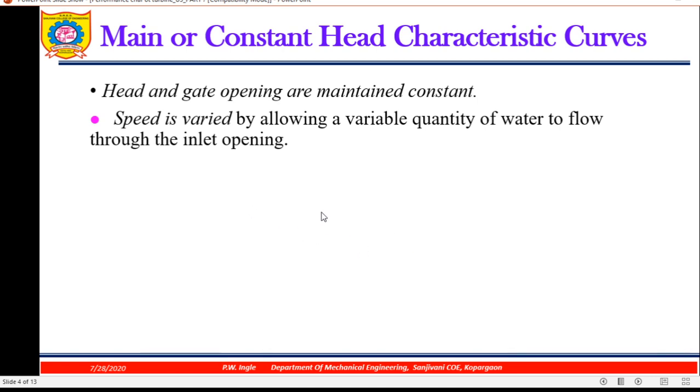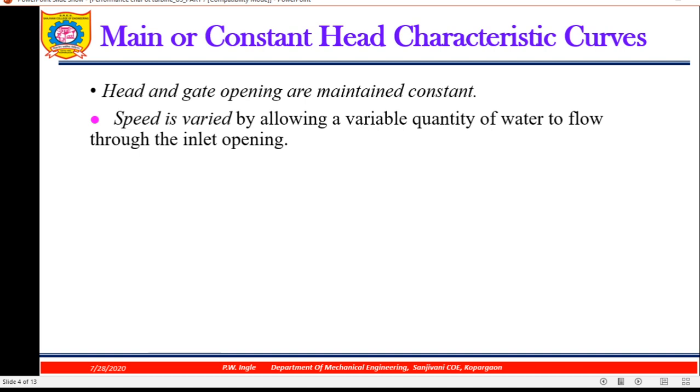So that flow may be 50%, 25%, 75%, or 100%. If you maintain 25% gate opening, you are allowing only 25% of the water to flow over the turbine, correct? This is maintained by using the spear rod assembly.